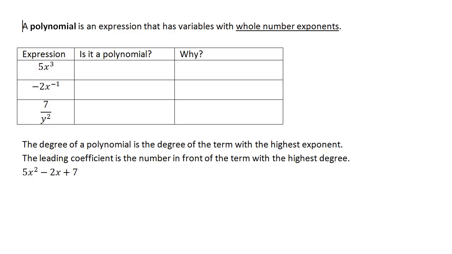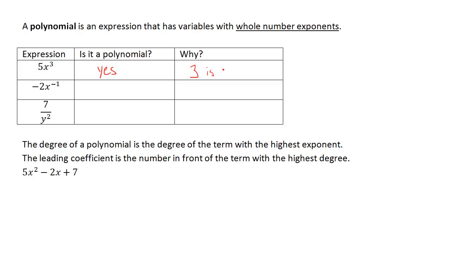The first one, 5x cubed, is that a polynomial? Well, yes it is. So why? If you look at the exponent, we have an exponent of 3, and that 3 is a whole number. It's positive, and it's not a decimal or a fraction, so 5x cubed is a polynomial.